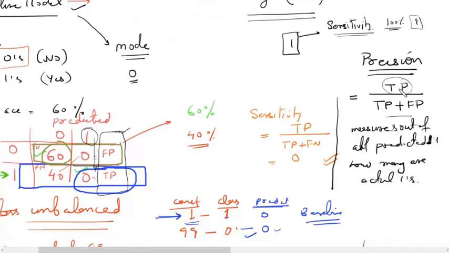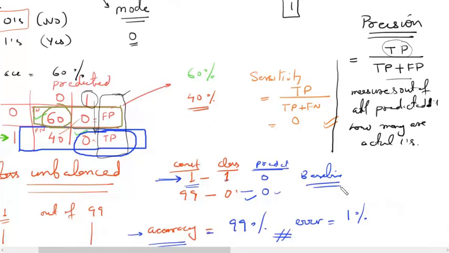So let's calculate the precision for this example. Our true positive is 0 here, so in this case it will be 0. It's a baseline model. So let us predict all 100 to be 1s. This is actual, this is predicted, 0 and 1.